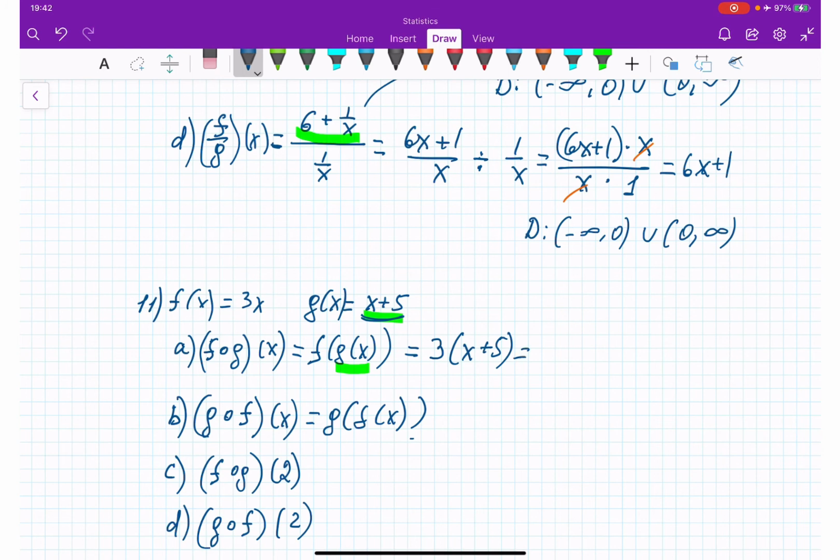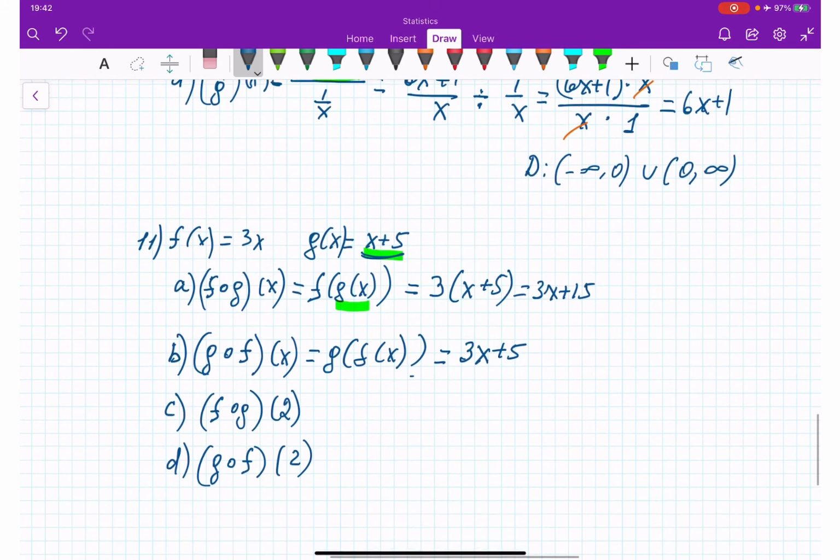And the result is 3x plus 15. Next, composition of g with function f, which means my g of x is x plus 5, and wherever I have this x, I'm going to replace it with 3x. So instead of x, I'm going to have 3x plus 5.